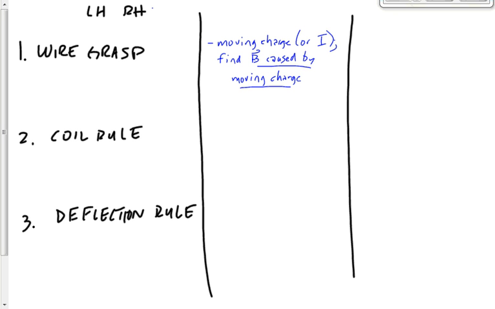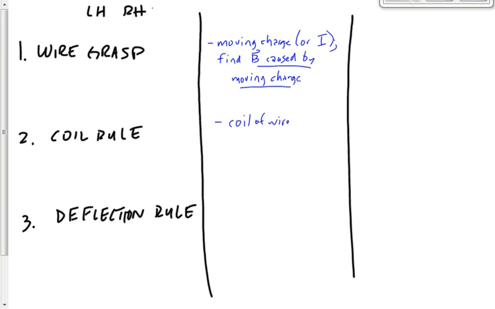Rule number 2, the one that we call the coil rule, the one that your textbook also calls the wire grasp rule. I don't like that name for it, because it's essentially opposite to the wire grasp rule. So I don't want to call it the same thing when it's performed opposite to the other one. The coil rule involves a coil.